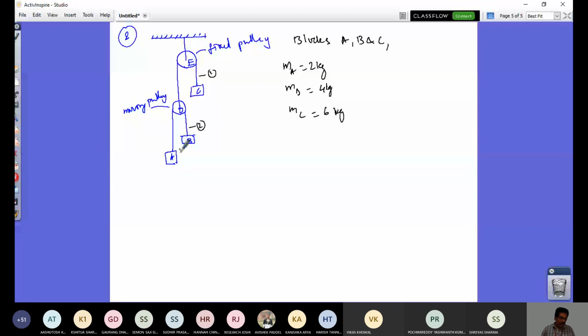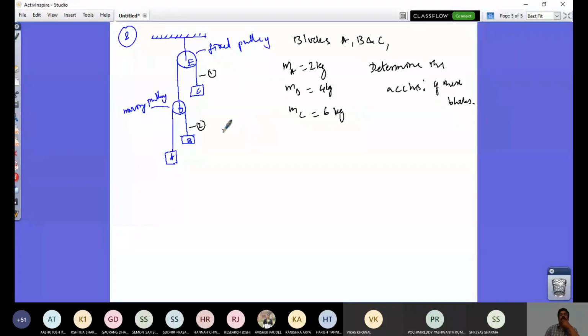That's the question: determine the accelerations of these blocks. Any doubt?